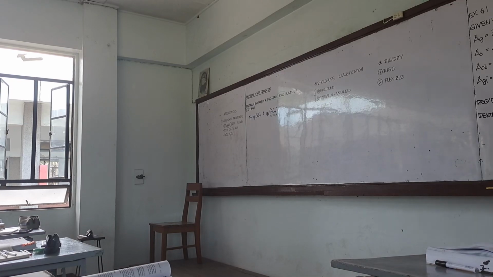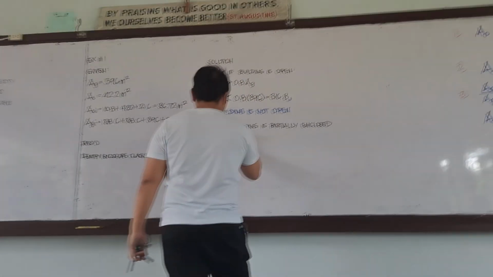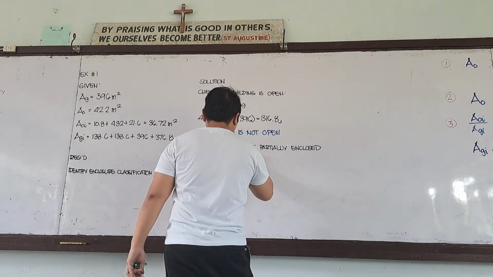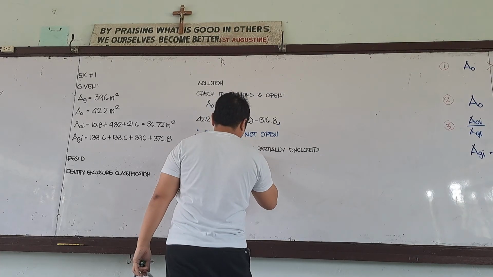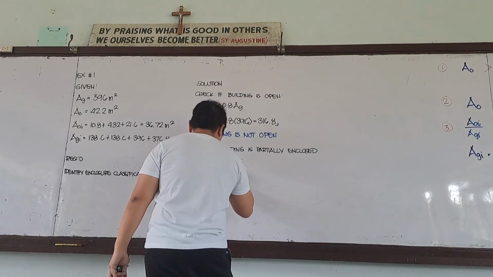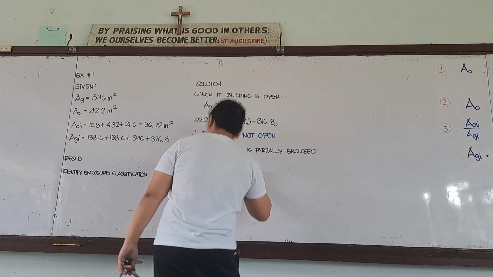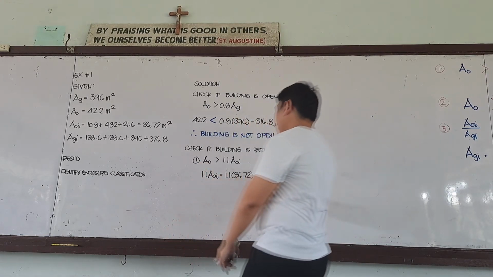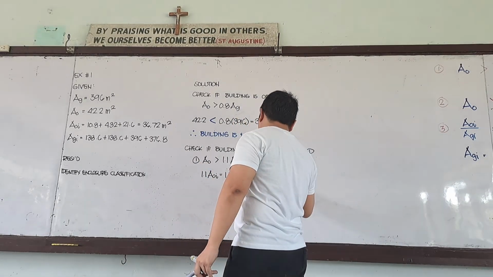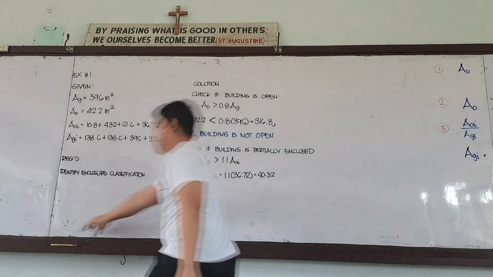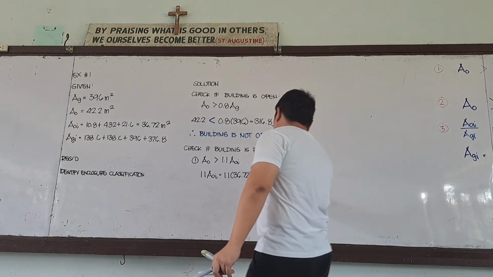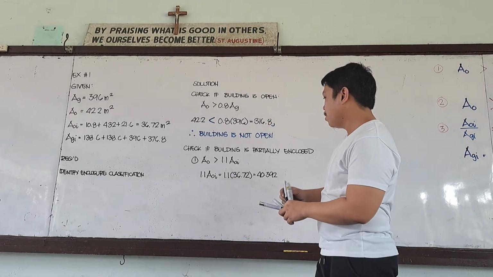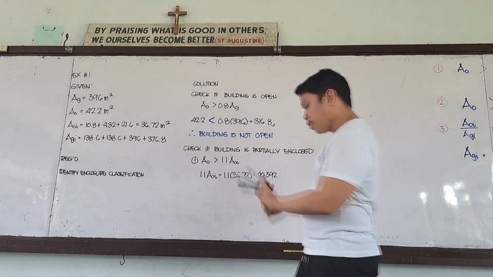What is our first condition? AO is greater than 1.1 AOI. So let's check 1.1 AOI. How much is our AOI? That is 36.72. So 1.1 AOI is 40.392 square meters. Is AO greater than this? Our AO is 42.2.